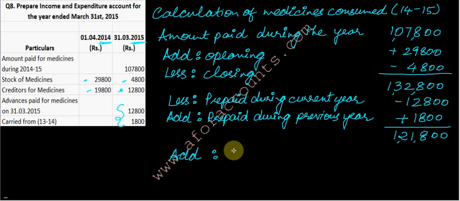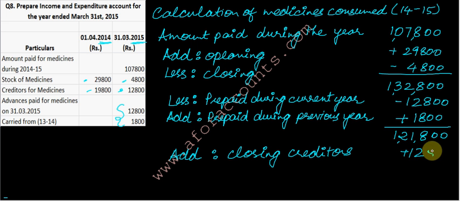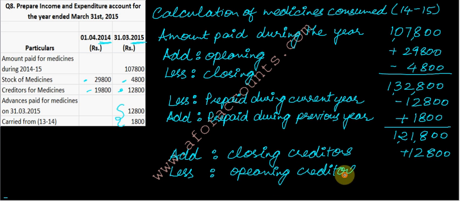So add closing creditors 12,800, less your opening creditors, that is 19,800.